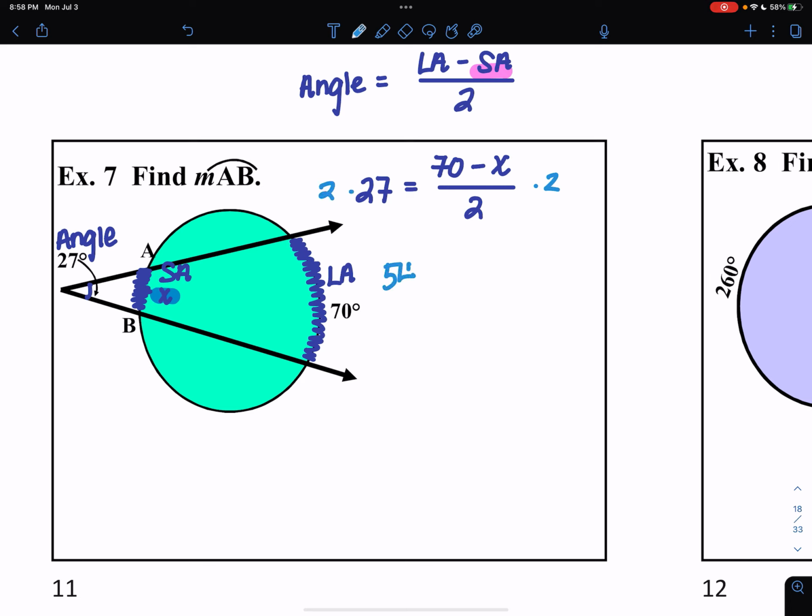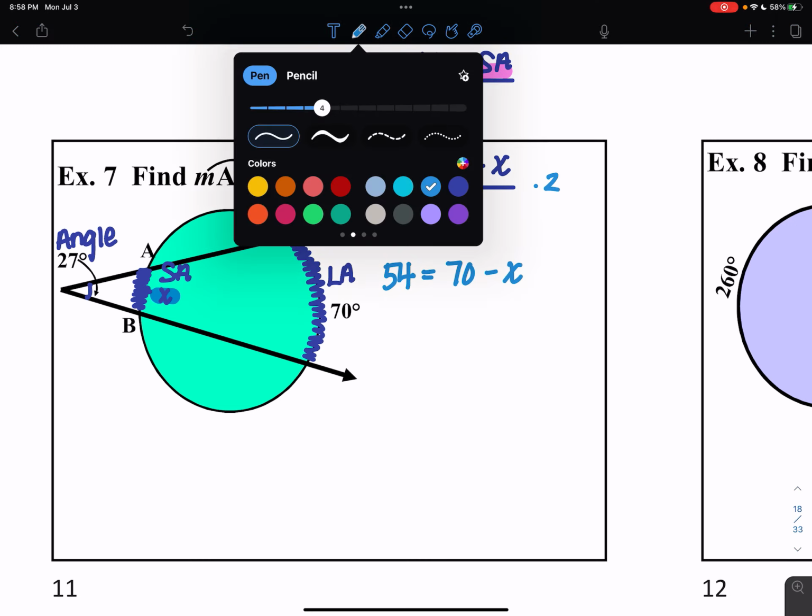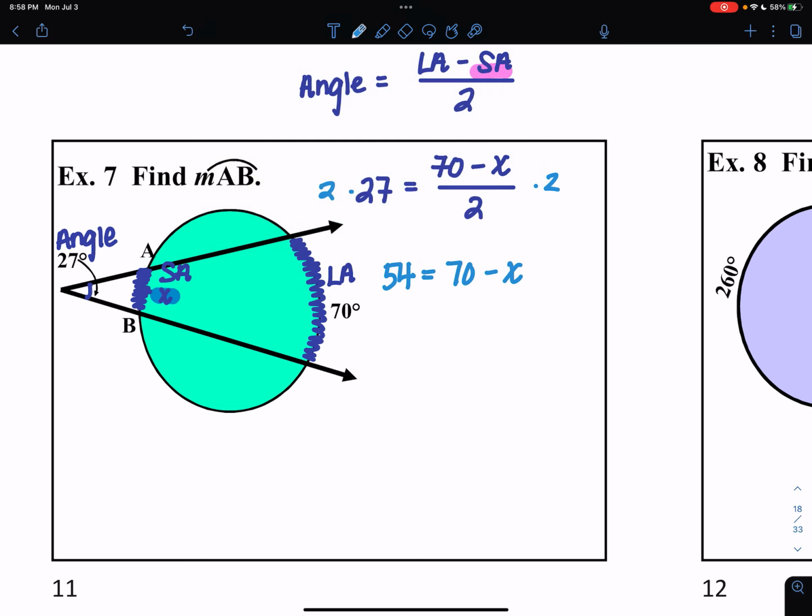That gives us 54 equals 70 minus x. Now we subtract 70 from both sides, and that gives us negative 16 equals negative x. Divide both sides by negative 1. x is 16, and x in this case represents the small arc.